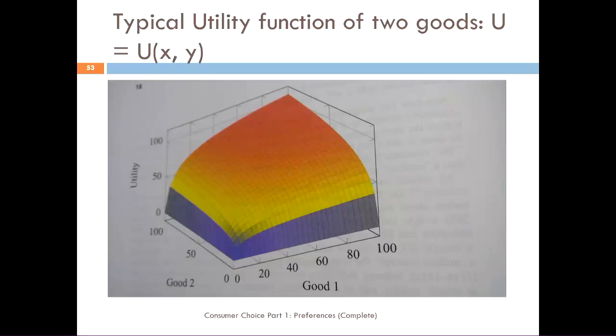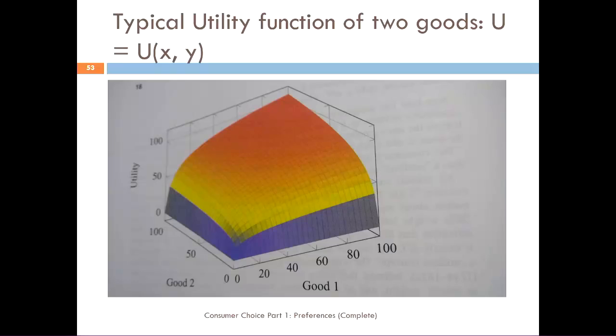That's one to give you a feel for this. So what I did is I said, okay, let's find out all the combinations of good 1 and good 2, that is all the bundles that had the same utility. If we had the same utility, that means all the combinations of x1, x2, all the bundles that had the same height, same utility. Remember, that's what we call an indifference curve.